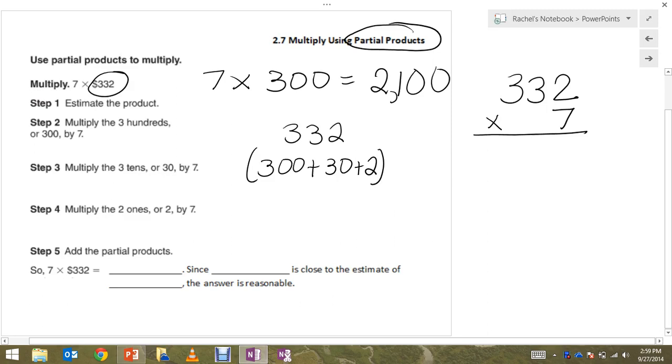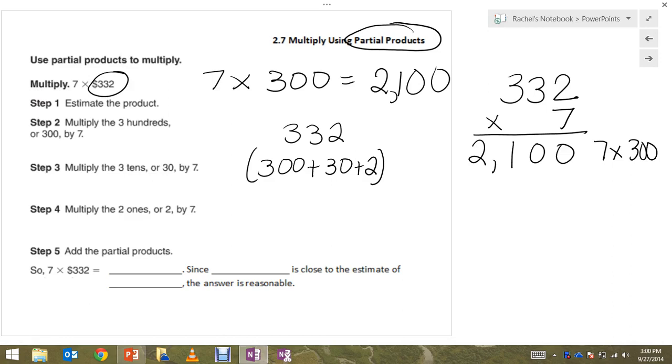And we know that we need to multiply each one of those smaller problems by 7. So we're going to start by multiplying 7 times 300. And we get 2,100. So I'm recording that partial product underneath the problem, lining up my ones, my tens, my hundreds, and thousands.